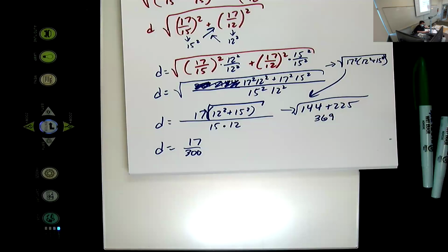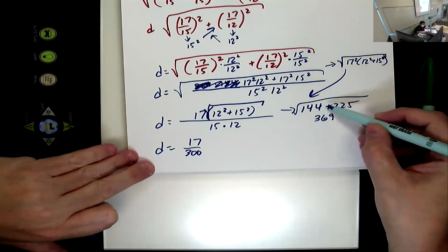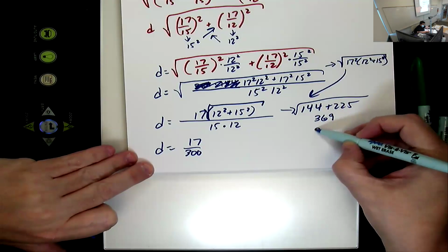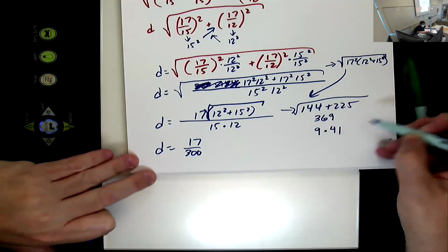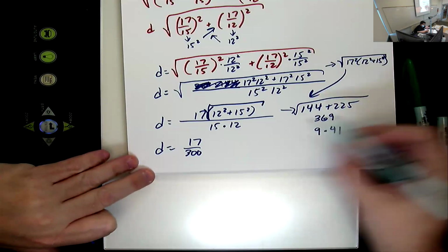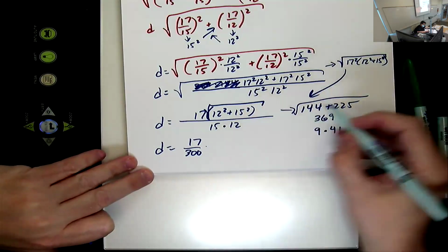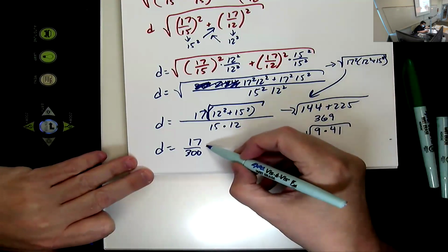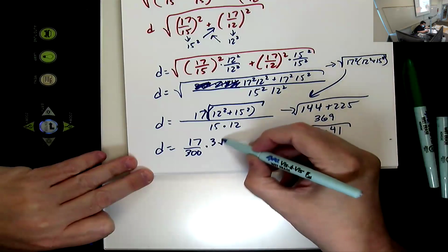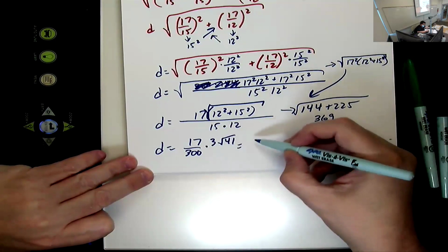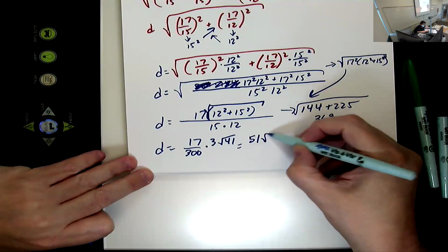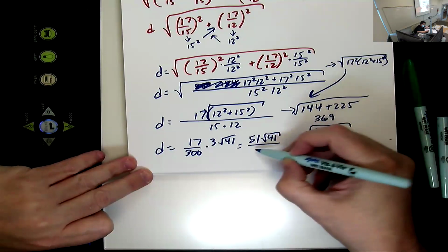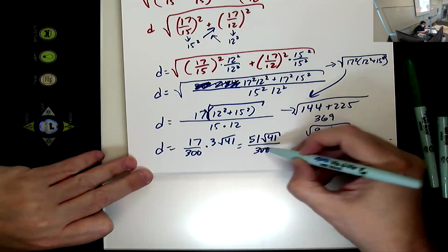And 9 comes out of it though. This is 9 times 41. So I guess if I want to simplify it, I can have it times 3 times square root of 41. And the simplest form without a decimal is going to be that.